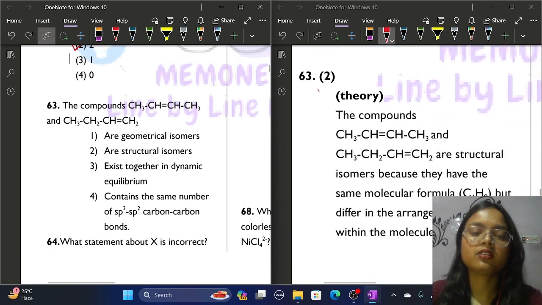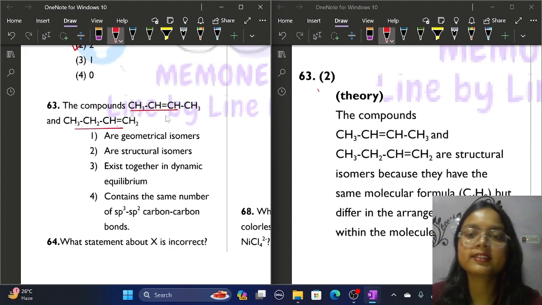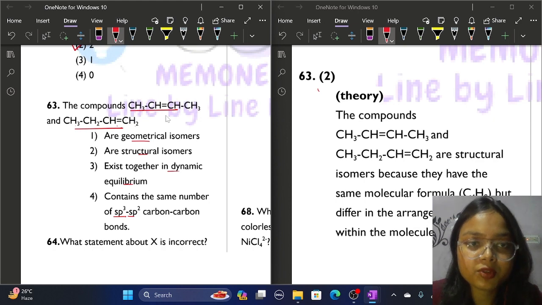Okay. So next, the compound, this and this. What are these? Let's first read the options. Are they geometrical isomers or structural isomers, existing together in dynamic equilibrium and containing the same number of sp3 sp2 carbon-carbon bonds? First try to write the molecular formula of these two structures. 1, 2, 3, 4, there are 4 carbons, and count the hydrogens also: 3, 4, 5, 6, 7, 8.